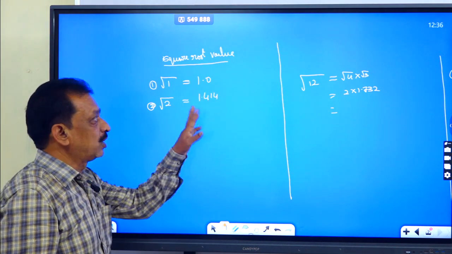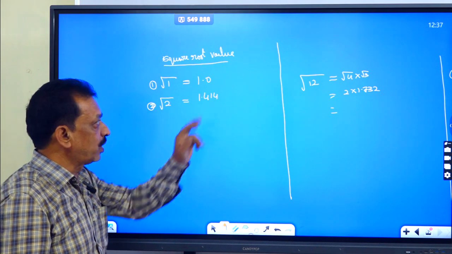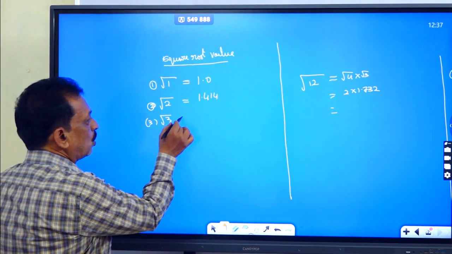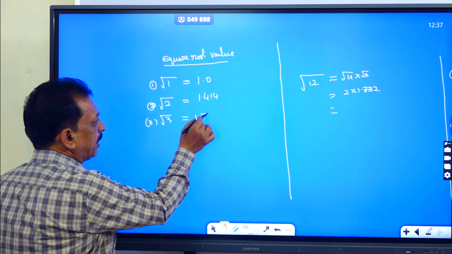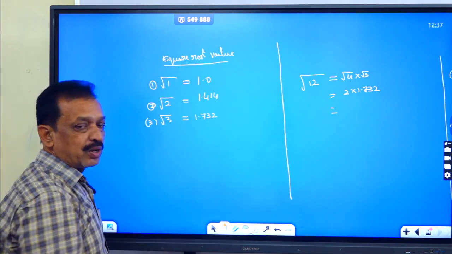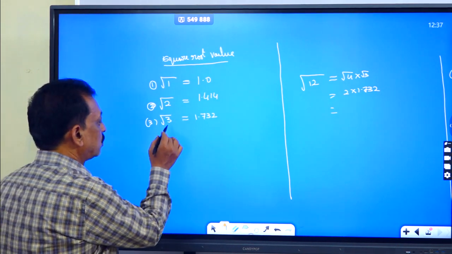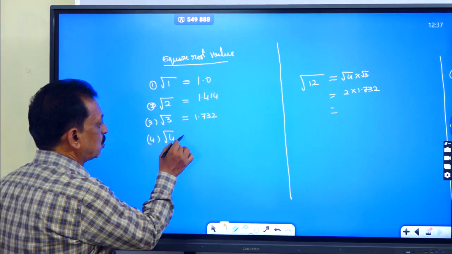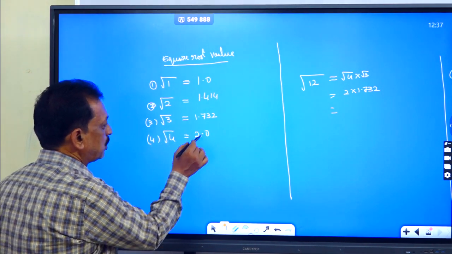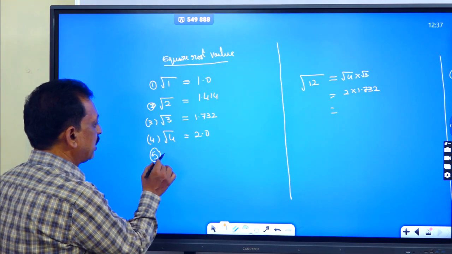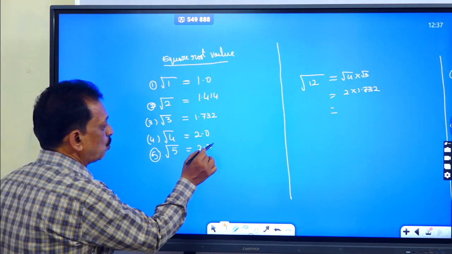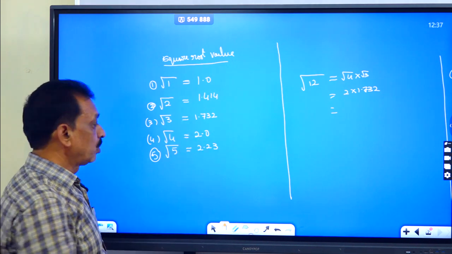1.414. If the calculation is bigger, you could say 1.4 only, no need of this one. And number 3, root 3 is equal to 1.732. You can write 1.7 also, no problem. And root 4, all of you know, is 2.0. And root 5 is 2.23; 2.2 is enough.